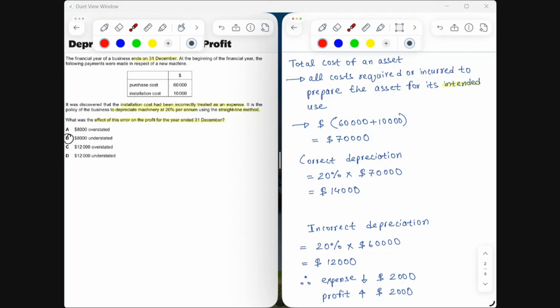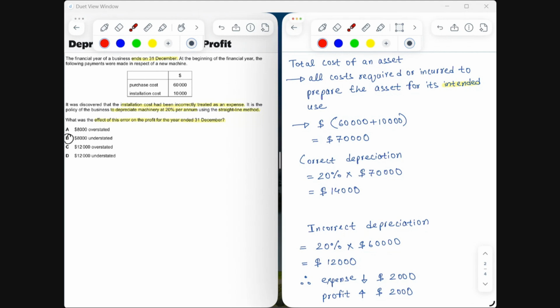Therefore, the cost of the asset was incorrectly recorded at $60,000, which means any relevant depreciation expense derived would have also been incorrect. And that incorrect depreciation is 20% of $60,000, which is $12,000, okay?